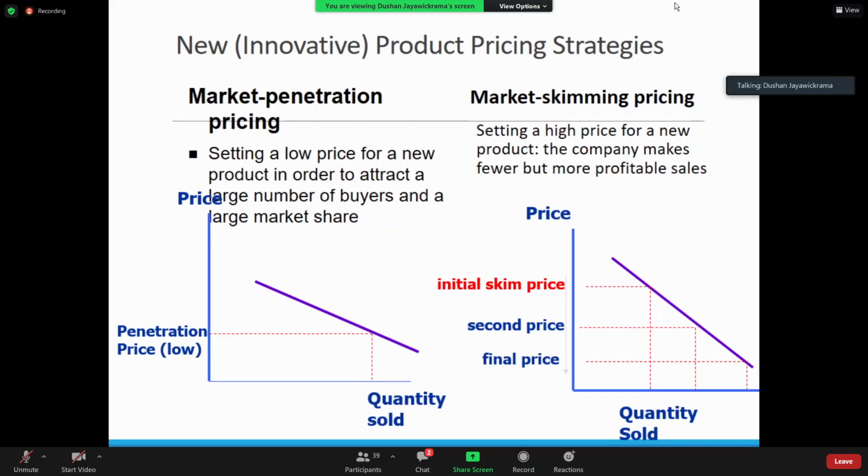In the pharmaceutical industry, you find this very frequently because they have been doing research for ages, and when they come up with a medicine, they get the legitimized power to charge a high price, but gradually they like to bring the price down so the quantity can be increased. Or there can be certain products, initially they charge relatively a low price because their intention is not to skim but to penetrate.